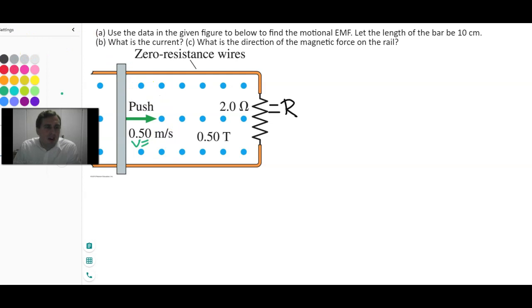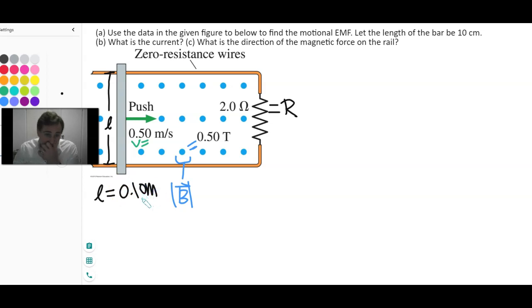And then these are magnetic field vectors. Each of these is a magnetic field vector, and the magnitude of the magnetic field is into the page, and it's equal to half a Tesla. We also know that the length of the bar, the part that's sliding along the rails, is 10 centimeters. So L, converted to SI units, should be 0.10 meters.